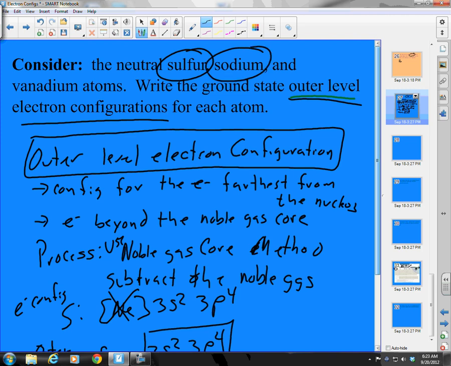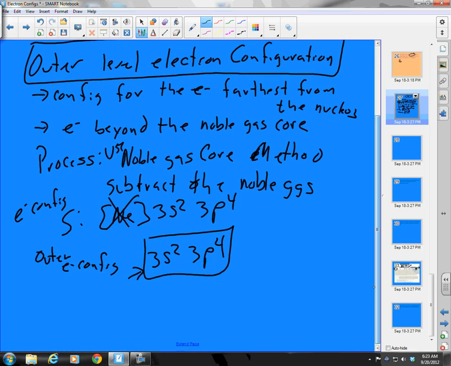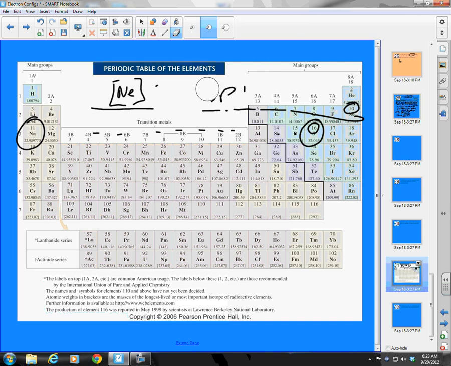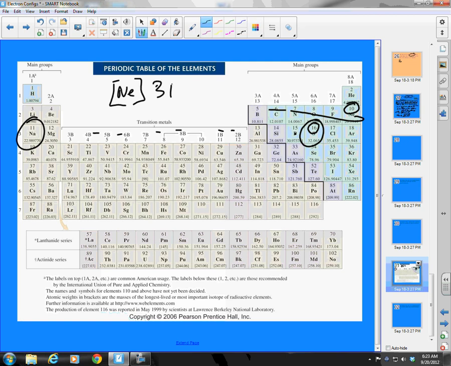Sodium, piece of cake. Sodium is right here. Sodium is 11, and here is neon. So my total configuration for sodium is neon 3s1.